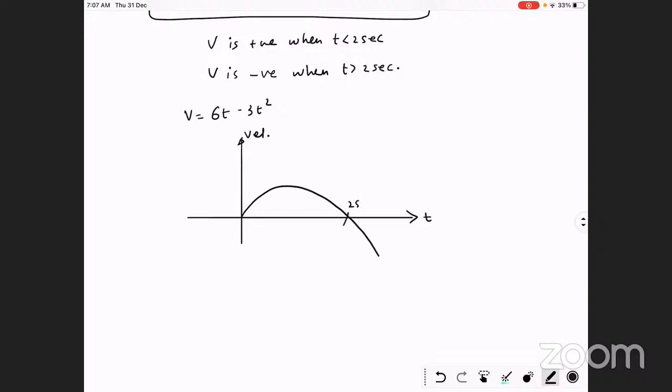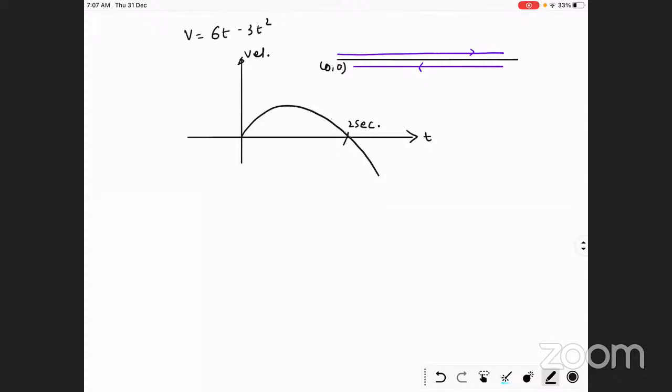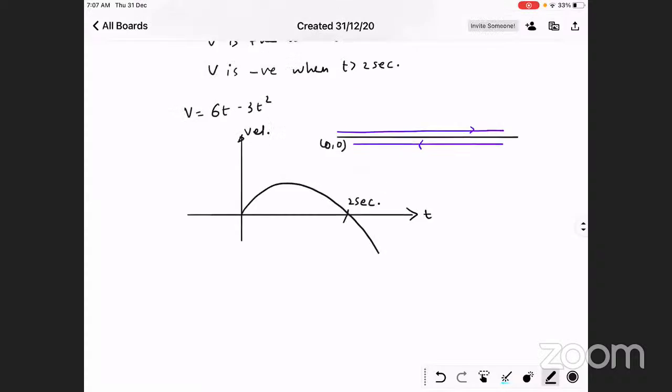After 2 second, velocity becoming negative means till 2 second the particle will go away from origin, and after 2 second the particle will start coming back towards origin. That's why this question is not at all easy for average speed. However, it is very easy to find average velocity. Let's calculate average velocity. What have we done so far?